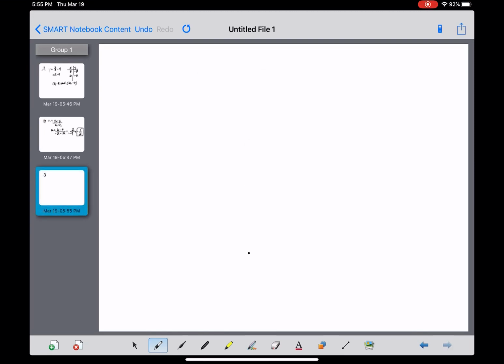Next one is number 12. The number Y of hours of cello lessons that you take after X weeks is represented by the equation Y equals 3X. Graph the equation and interpret the slope. We are not going to graph the equation.